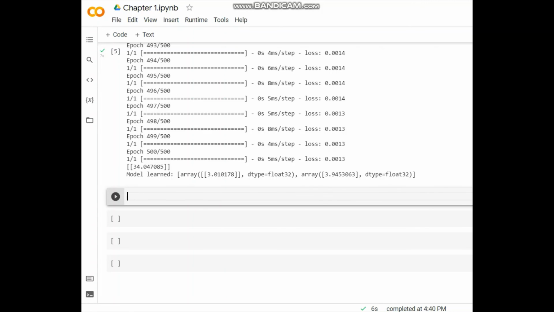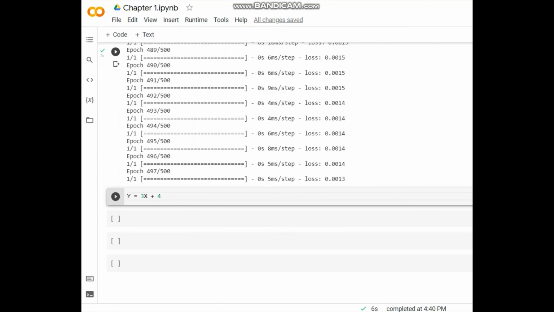So y equals 3x plus 4 was my actual equation that I used to get the values for x and y that I provided earlier. And here is what my model has learned: 3x, that's approximate, and for the constant it is 4, almost approximate to 4, not exactly 4. But the value has to be 34 and it is 34.04. So I can see the model is well trained here.